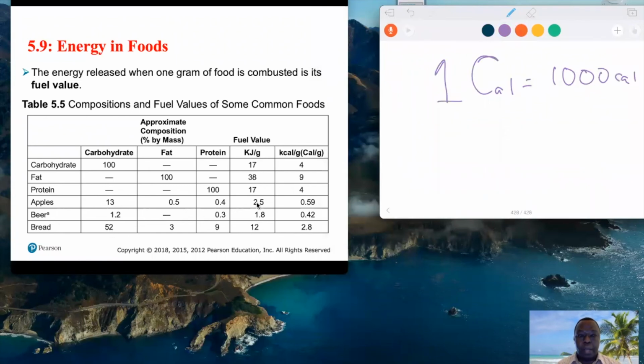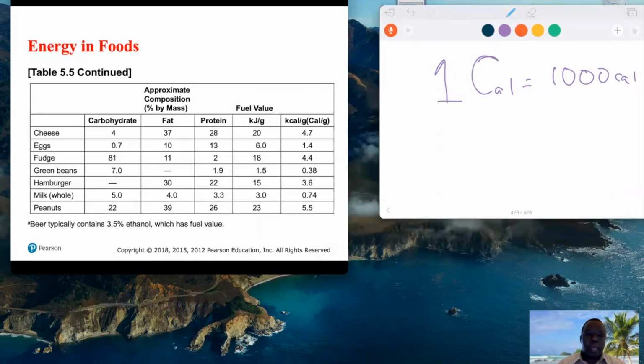the food value here will be used to determine how much energy in total. What is the fuel value of a given amount of food? If you are given a meal consumed by an individual, with each gram, we can calculate the food energy or the fuel value.